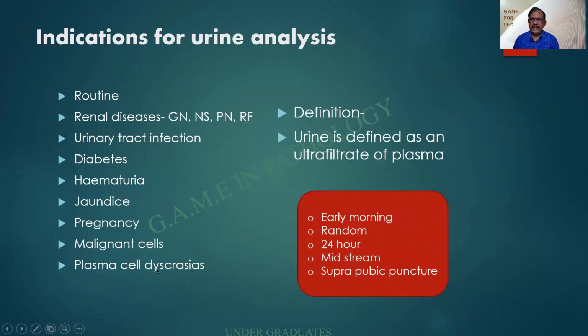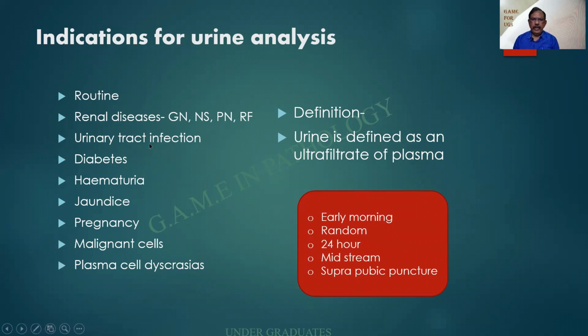What are the indications for urine analysis? I've already shown you in one of the first topics or slides, but here, urine analysis can be a routine test for anyone. Whenever a patient enters a hospital, he is asked to do a routine hemogram, a basic biochemical test, and routine urine analysis.